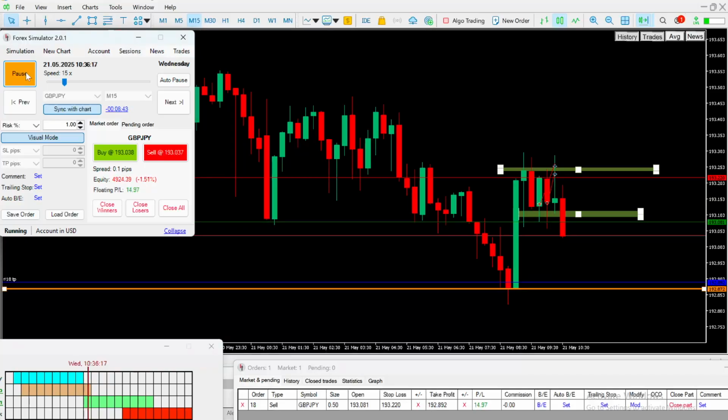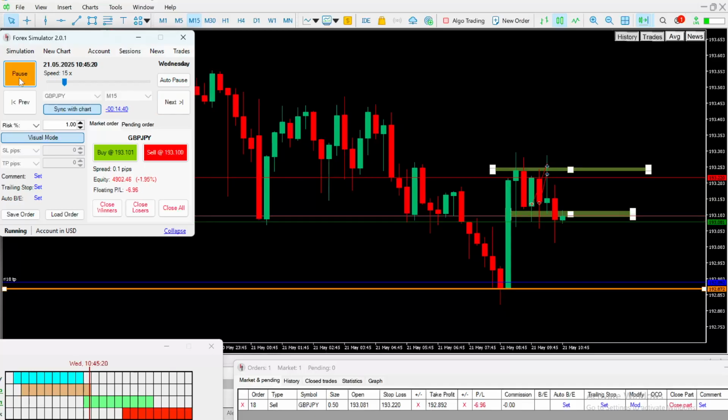It's also London open, so it should move the price. Hopefully outside of the box of the zone. Let's fast forward this. It should reject and go down. Yeah.